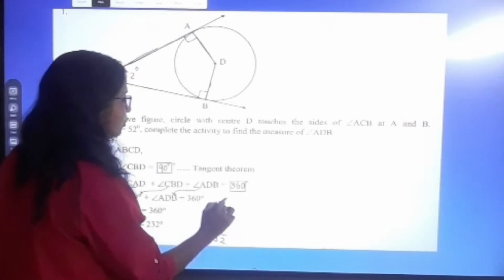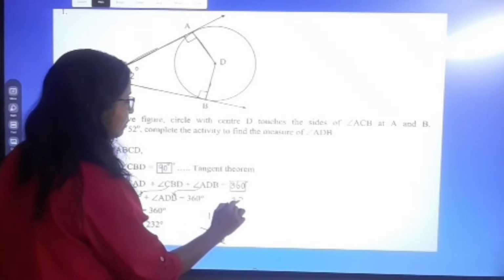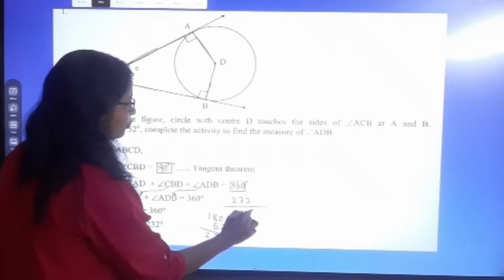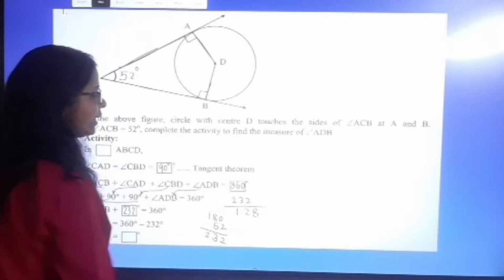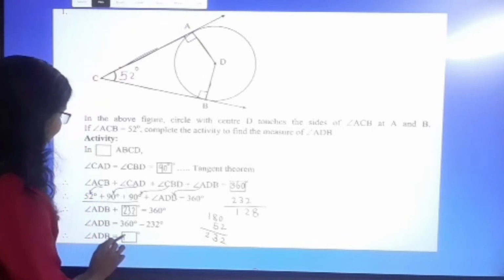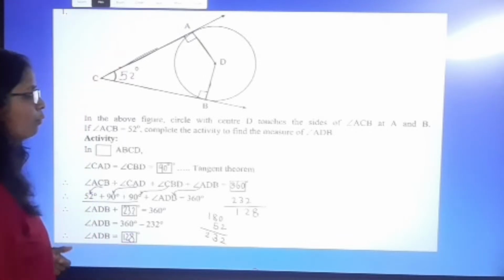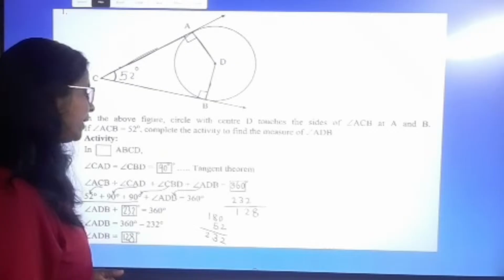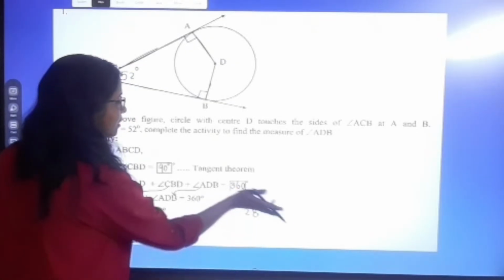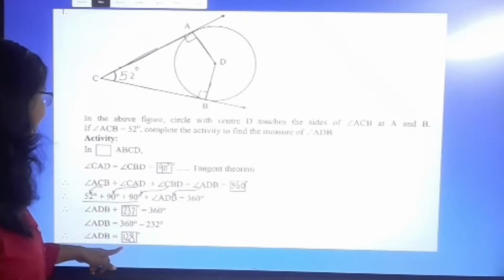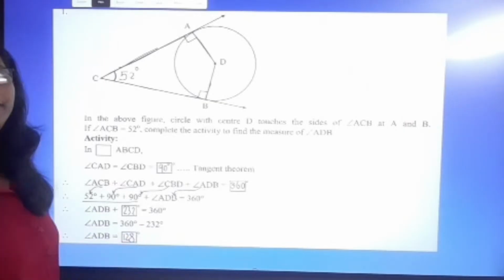What is 360 minus 232? That is 128. So angle ADB is equal to 128 degrees. Okay students, the final answer is 128.